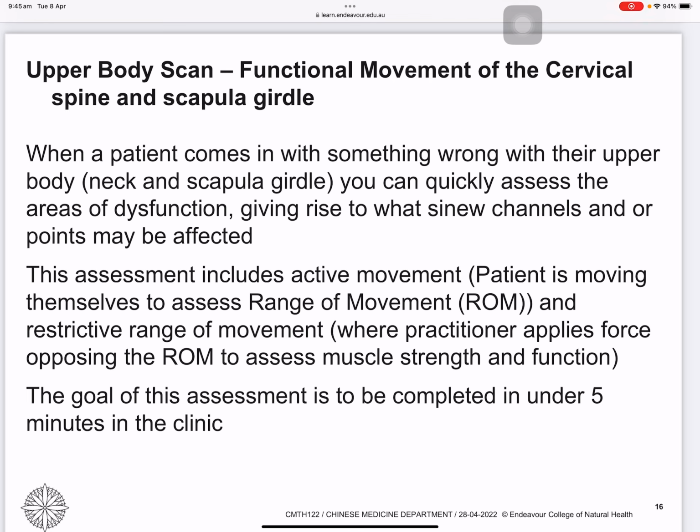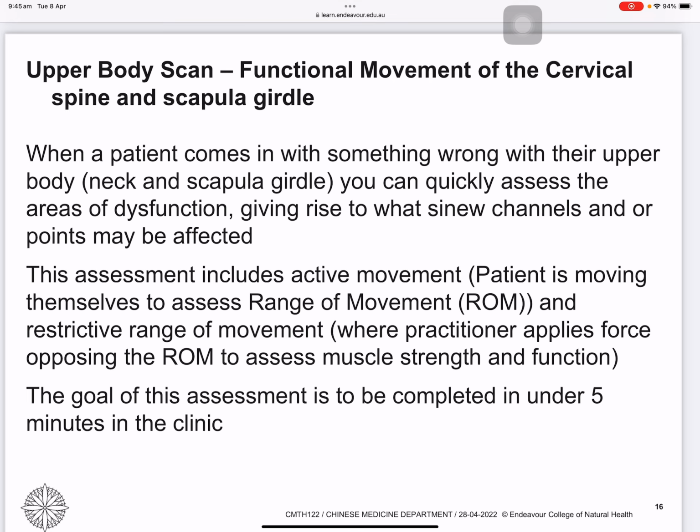So the assessments include active movement. Active movement is the movement done by the patient themselves, to assess the range of movement. And the restrictive range of movement is where the practitioner, that means you, applies some force opposing the movement to assess the weakness, the strength or the function of the muscle.